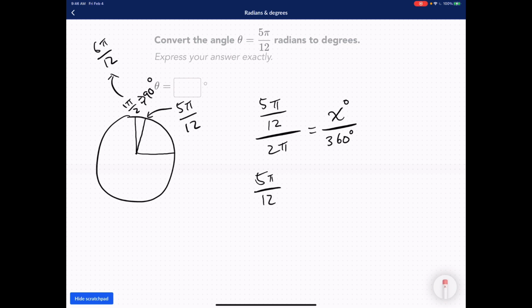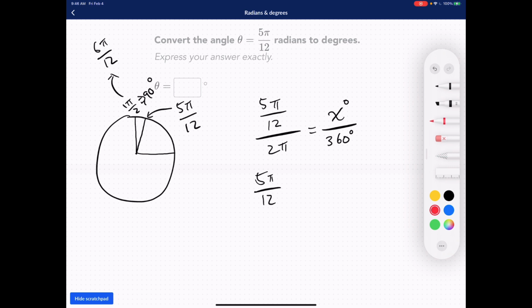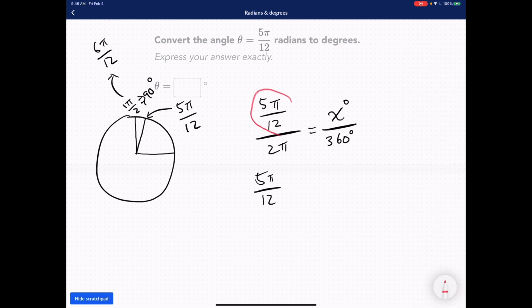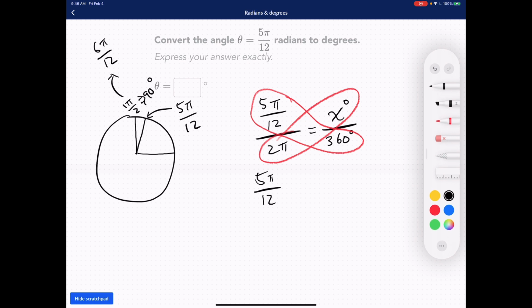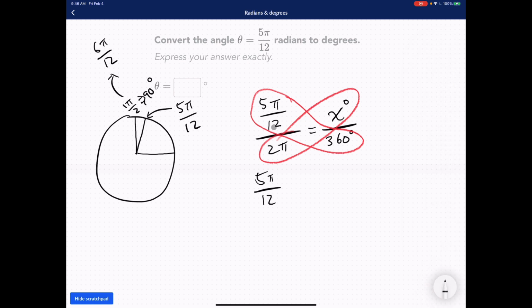By the way, the way that you do these ones is you have to do something called cross multiplication. So we got 5 pi over 12 times 360, we're cross multiplying. 360 degrees is the same thing as 360 over 1. And then 2 pi is equal to x degrees, okay?